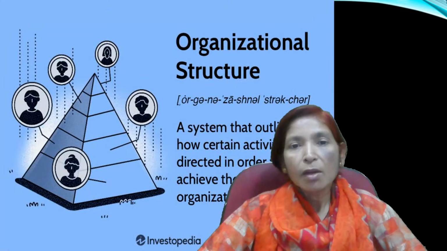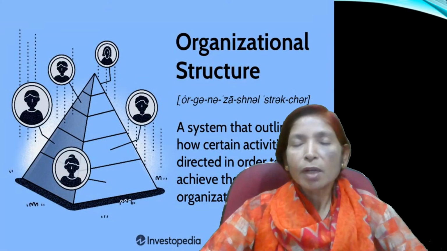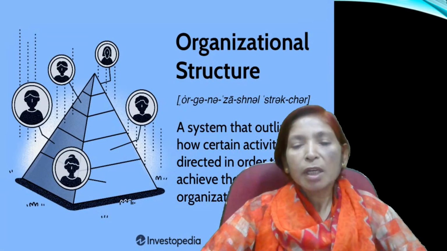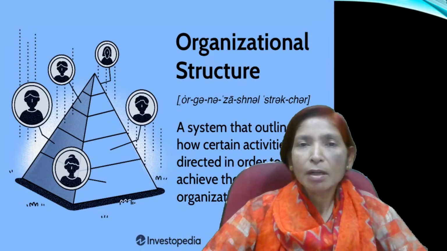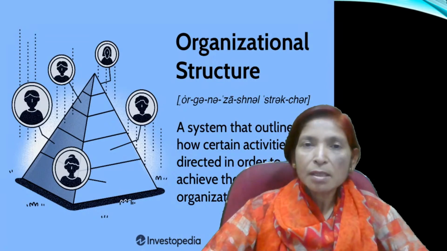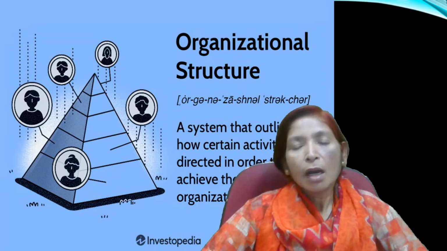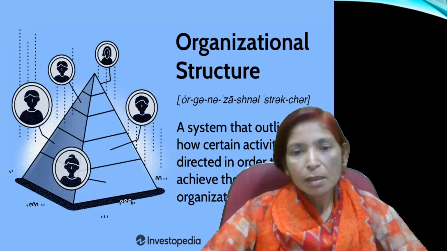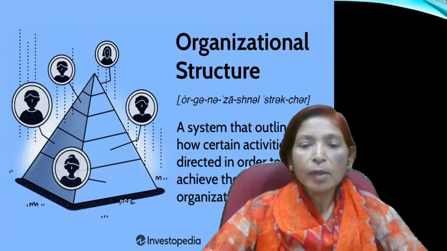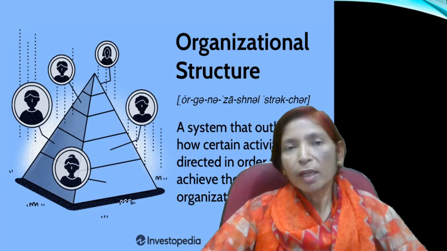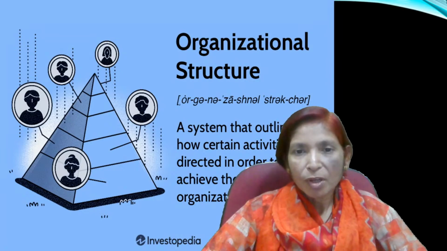Now next is organizational structure. What is the meaning of organizational structure? Organizational structure is a system that outlines how certain activities are directed in order to achieve the goals of an organization.